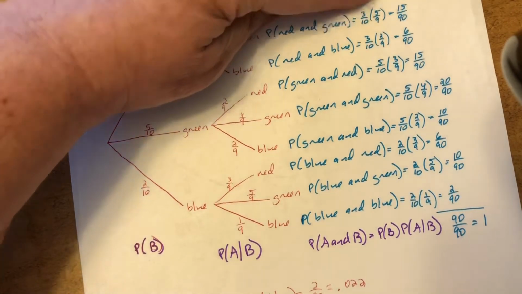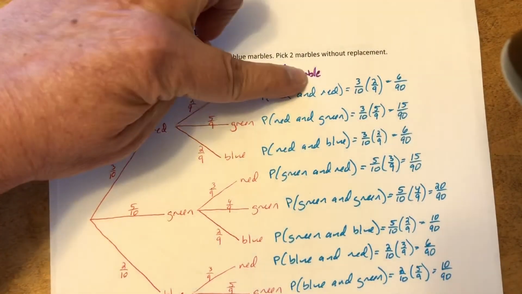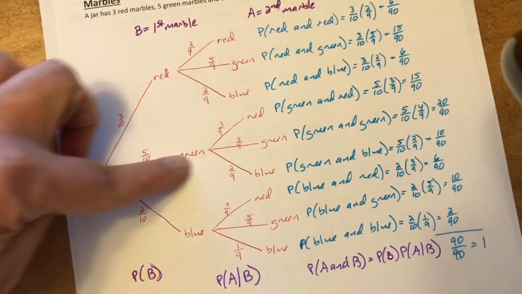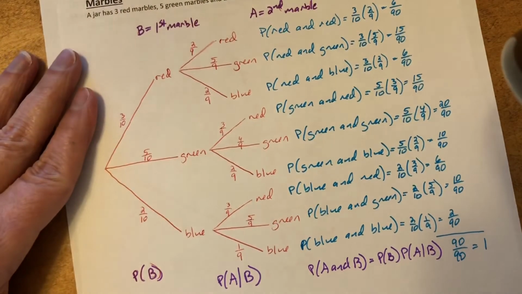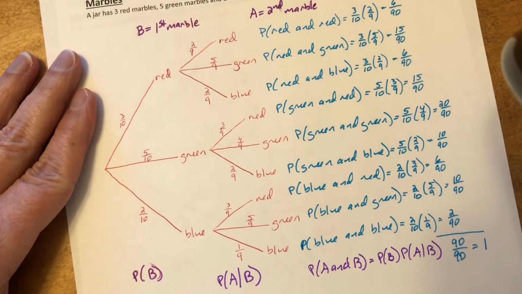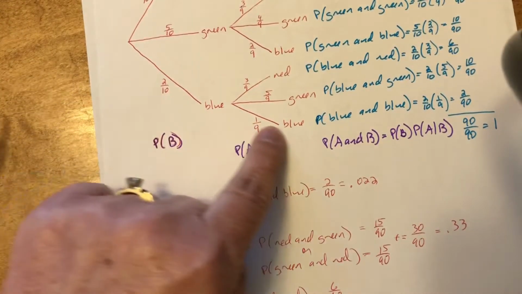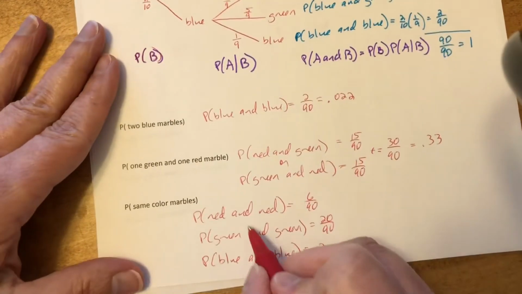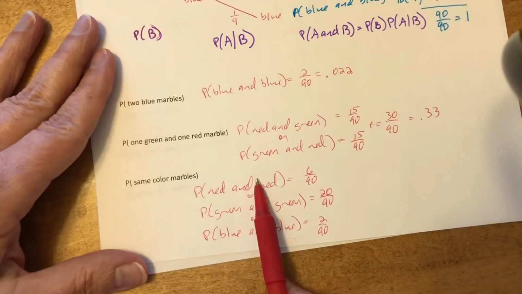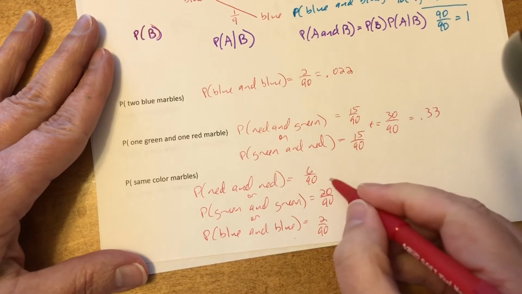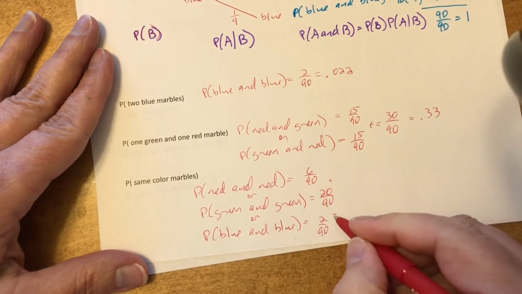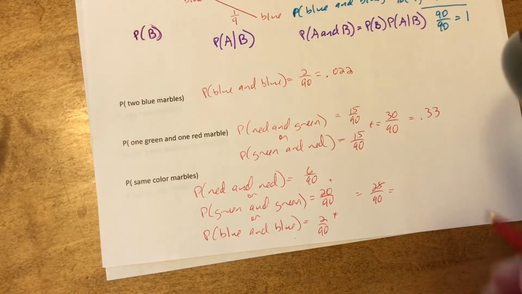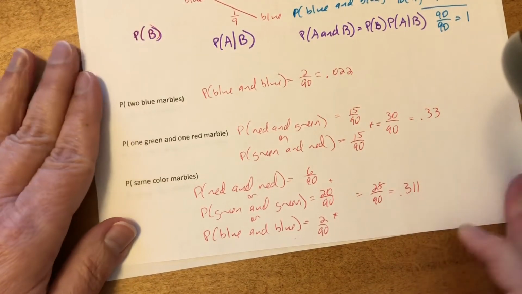Red, red is, sorry guys, red is 6/90. Green, green is 20/90. And blue, blue is 2/90. Okay, and again, it's basically a big or, this or that or this. So I'm going to add all these together, 6, 26, 28/90, which is 0.311, okay?